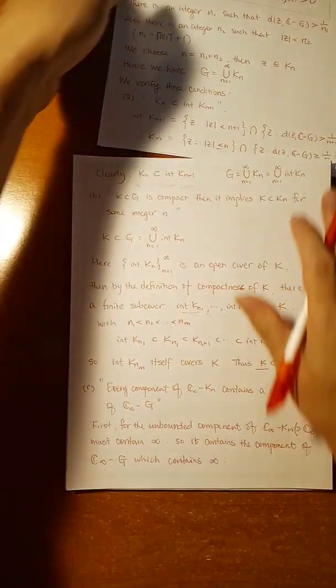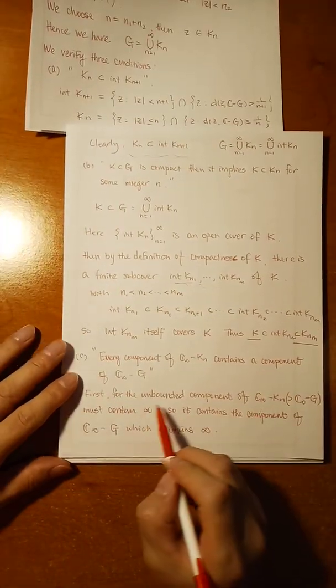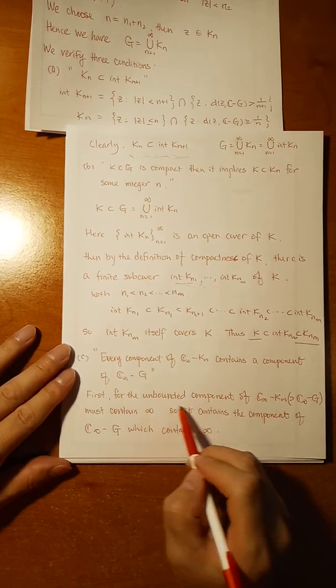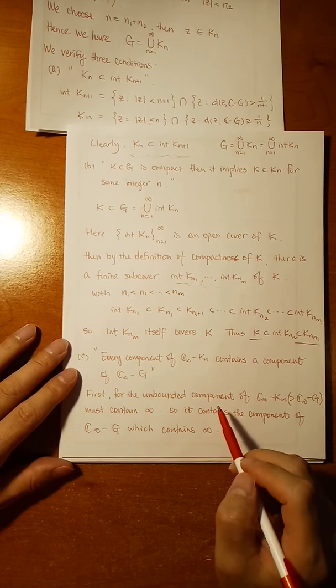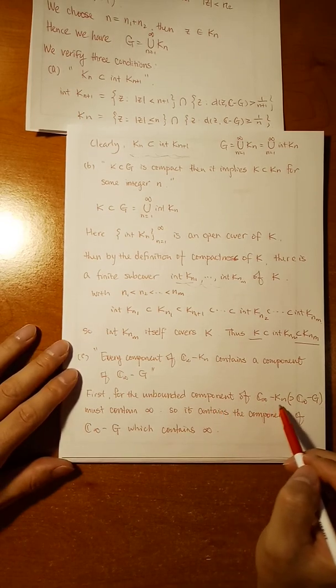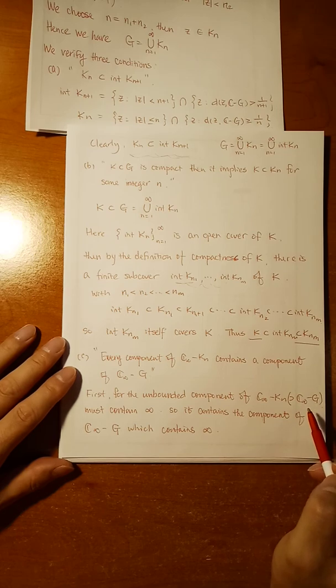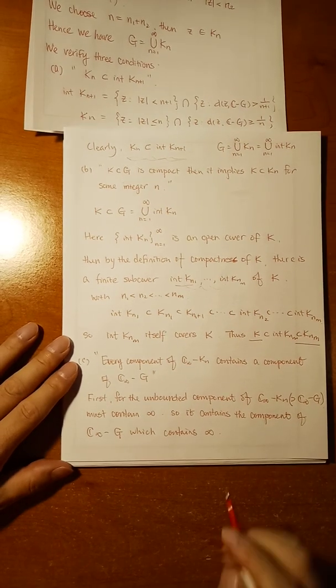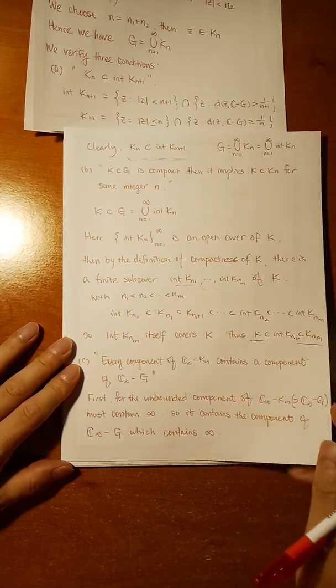Okay, so here there's actually an argument. It's not that straightforward. So first of all, you have to assume the unbounded component is there. Of course, the unbounded component is always there. This one may not contain the unbounded component. Okay? So for example, let's just use one example.